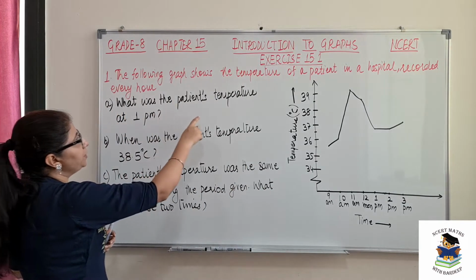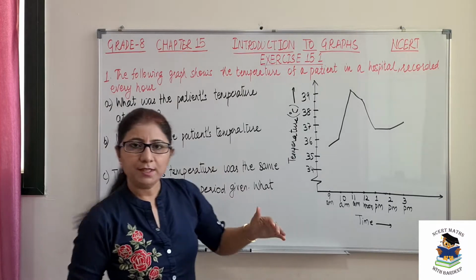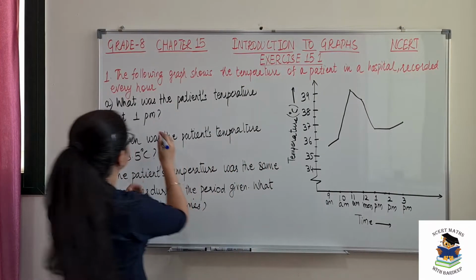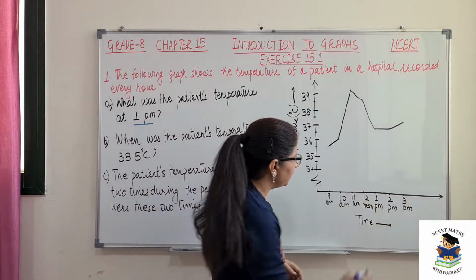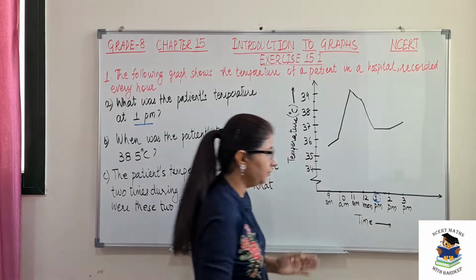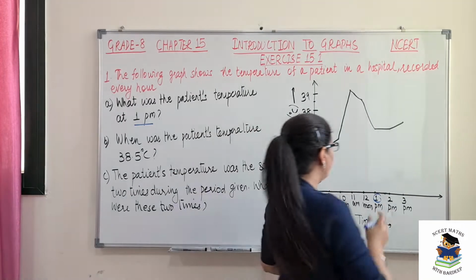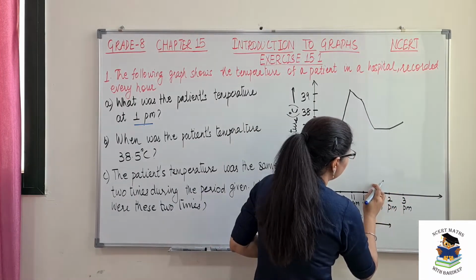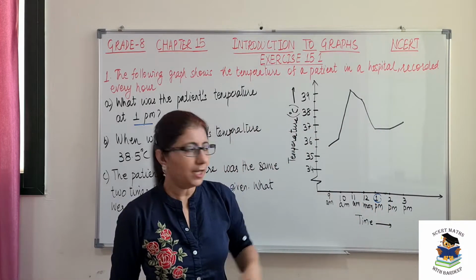What was the patient's temperature at 1 p.m.? So how to solve this type of question? The time is 1 p.m., so we will see where the time is. This is 1 p.m. At 1 p.m. what is the temperature? So what you will do is just go above this line and see where it meets your graph.